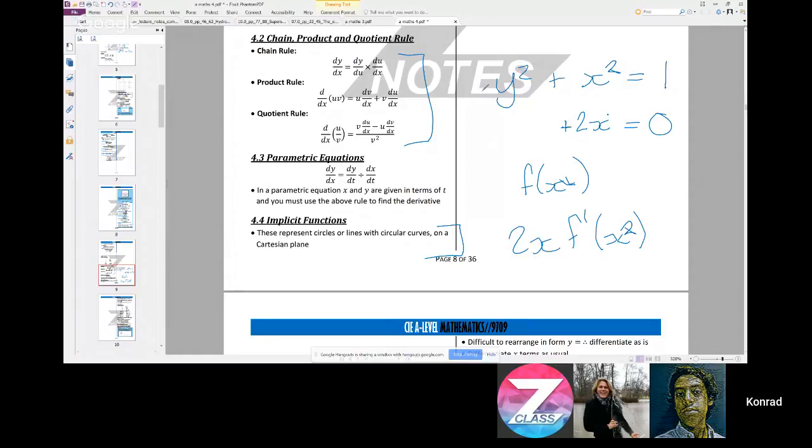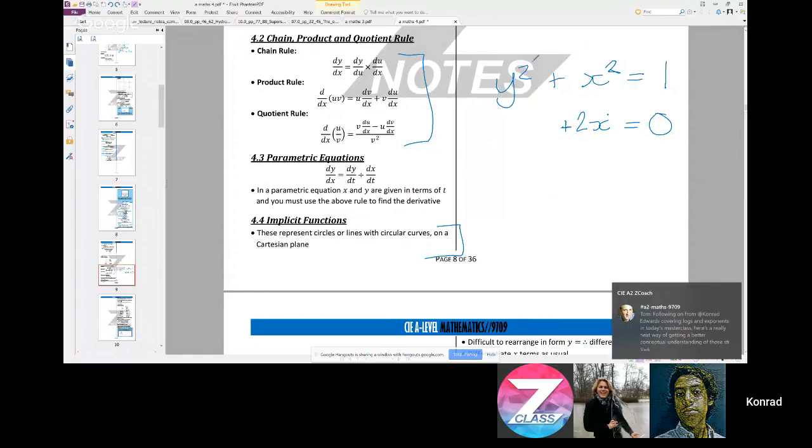In this case, our outer function is squared, and our inner function is y, right? Here, differentiating the outer function is just differentiating squared, right?